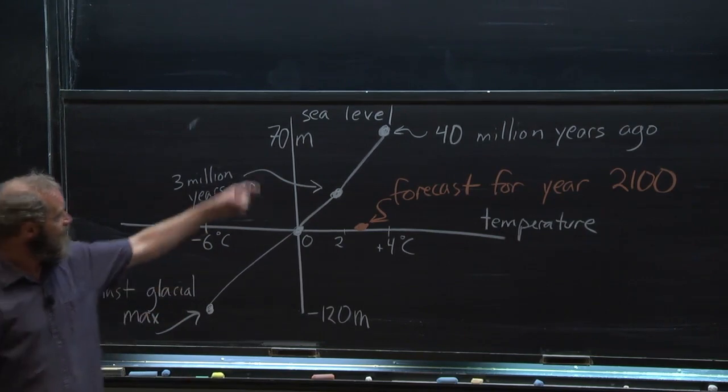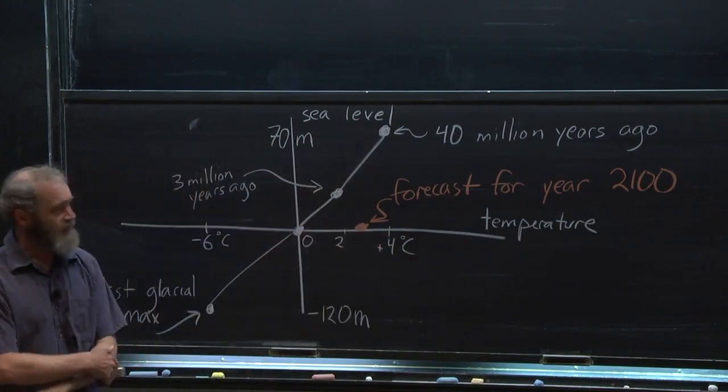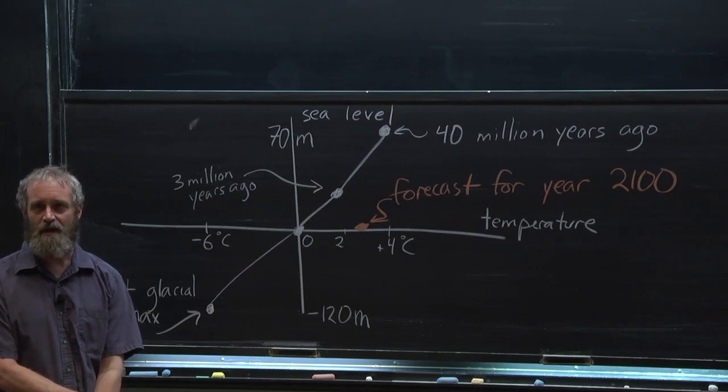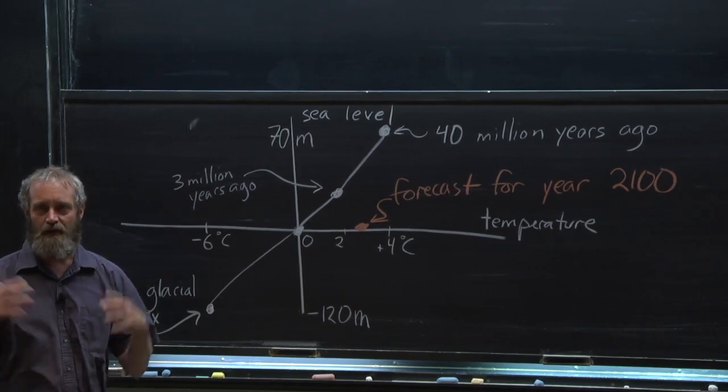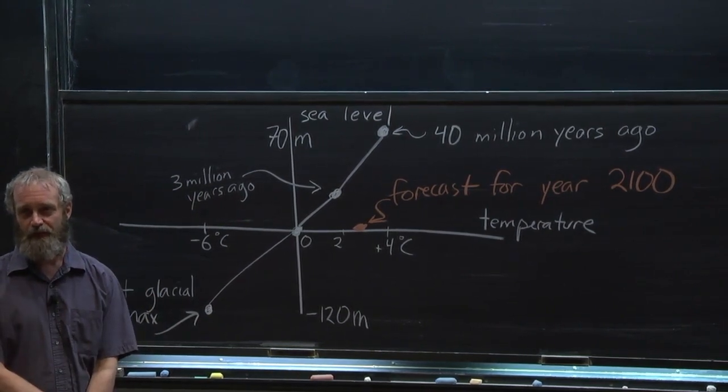So this 70 meters of sea level rise at that warmer temperature is based on how much ice there is today. If we wanted to make a hothouse climate out of the Earth today with the continental geography as it is, it would raise sea level by 70 meters.